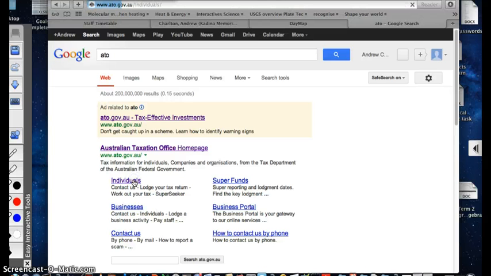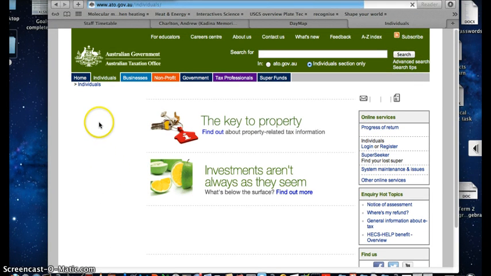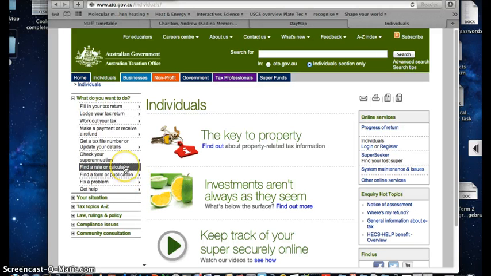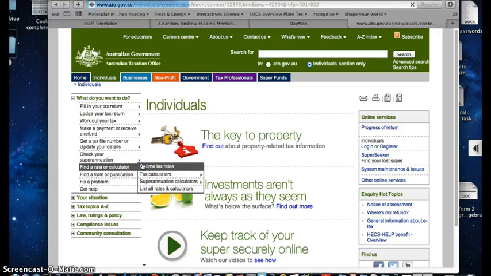So you go to individual, and down the left-hand column, eventually it'll come up with, there we go, find a rate or calculator. Find a rate or calculator. Then you go to income tax rates, and it'll come up with the chart that's presented before us.